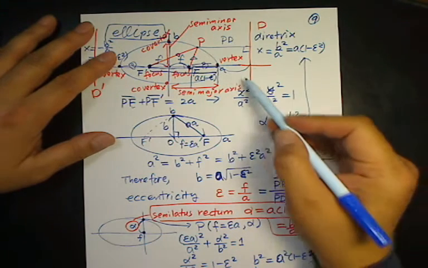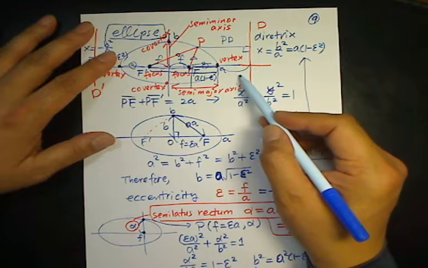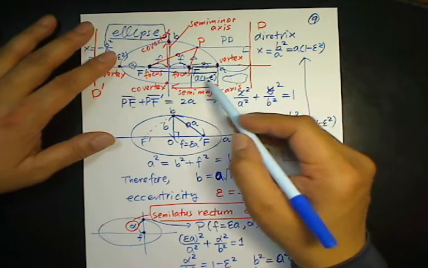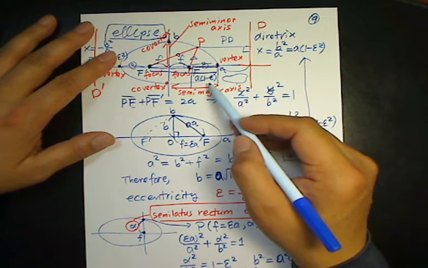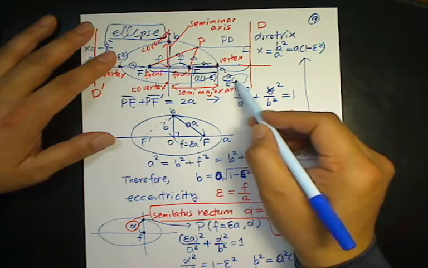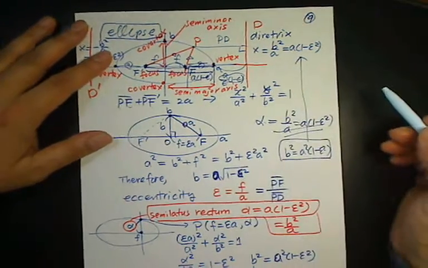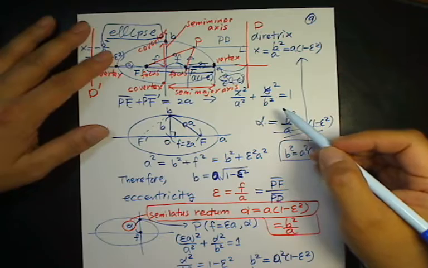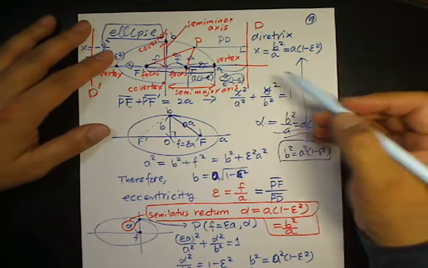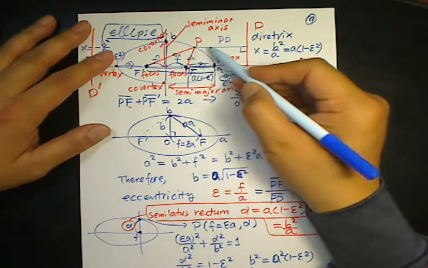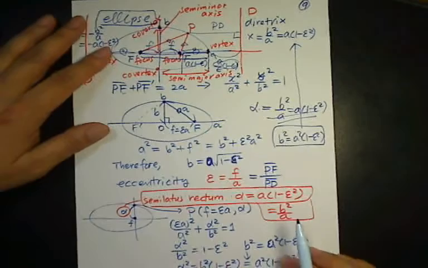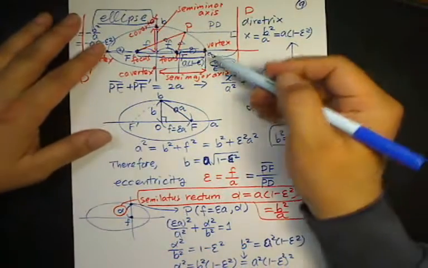So right now, this length should be greater than this one by a factor of 1 over epsilon. This length divided by this one should be epsilon, right?